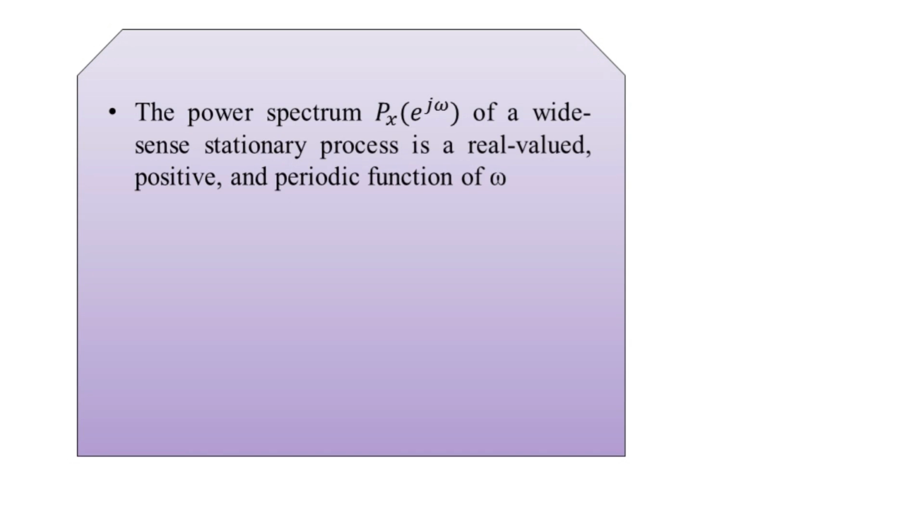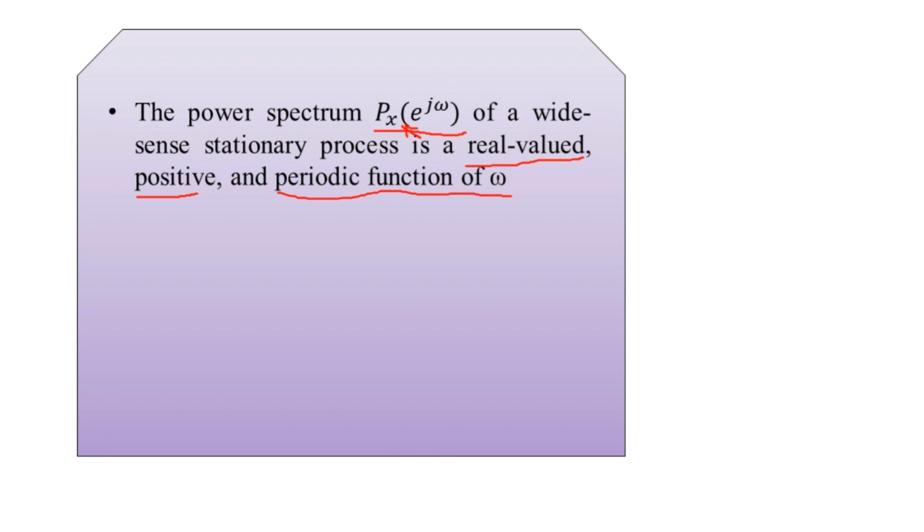So this is nothing but the power spectrum, and this is our random process which is denoted by x of n, hence into the suffix we have denoted this particular x. This power spectrum is real valued, it is positive, and also it is a periodic function of omega. Omega is the angular frequency.